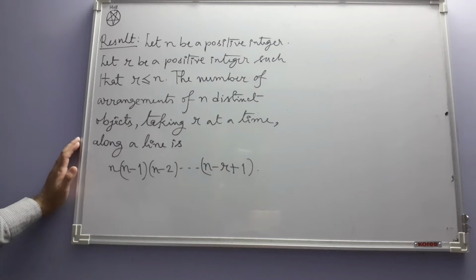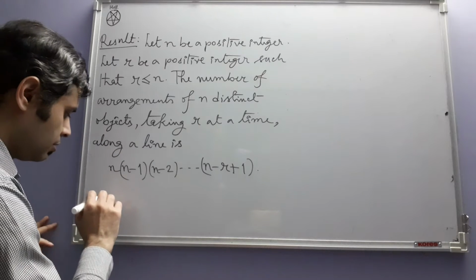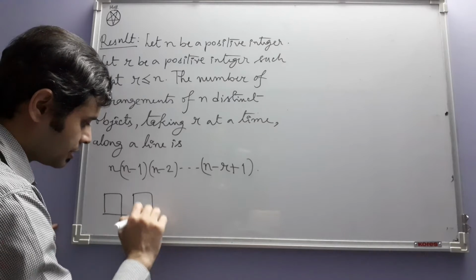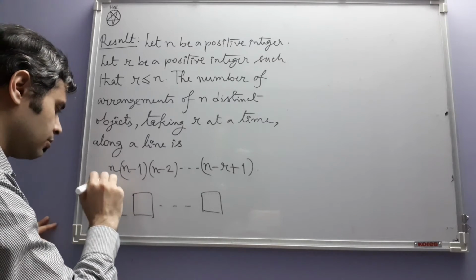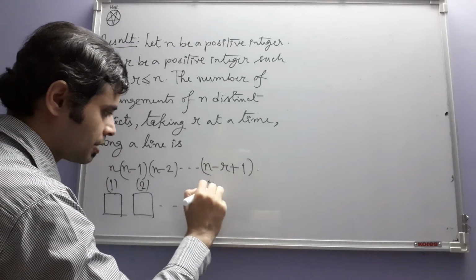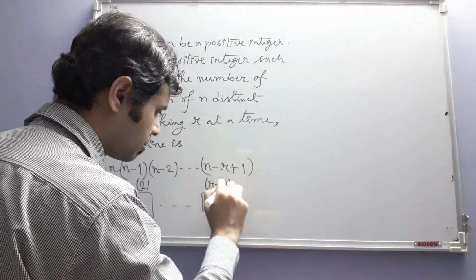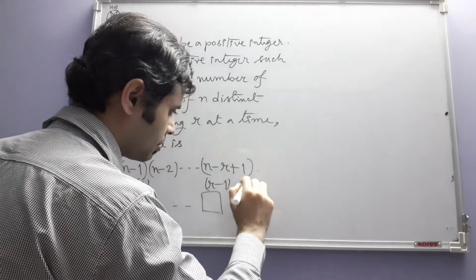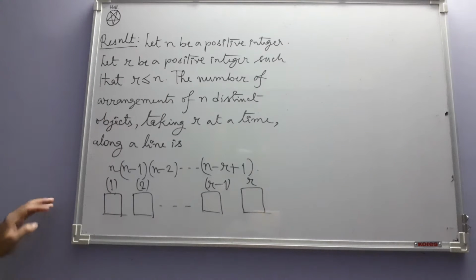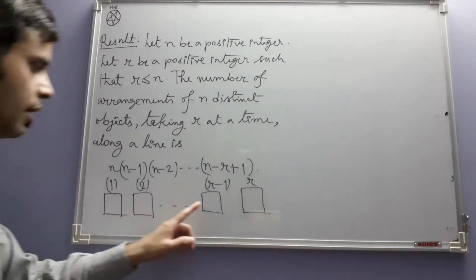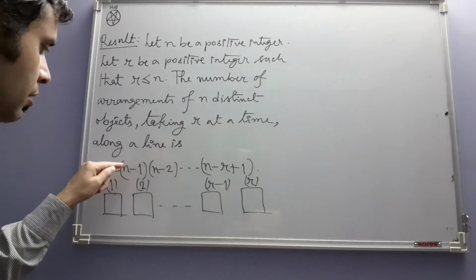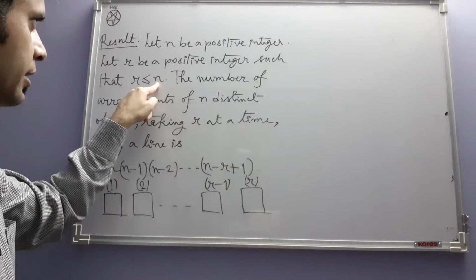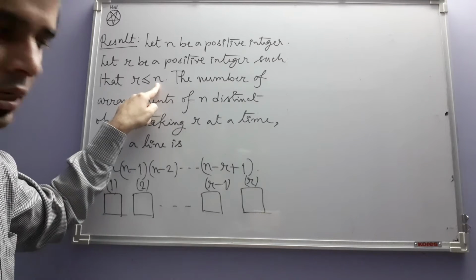Okay. You see, you just proceed in the same way. You now have r places. This is place number 1, place number 2, and let me write one more, place number r minus 1 and then place number r. Now r can be either 1 or 2 or 3, and it can increase, it can be at most n, but it cannot be greater than n.